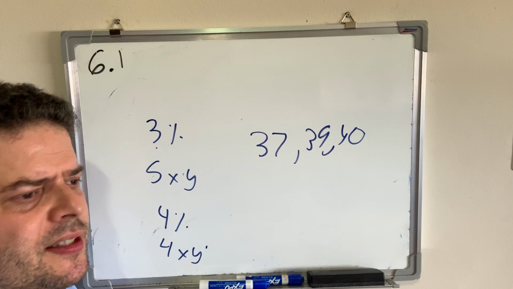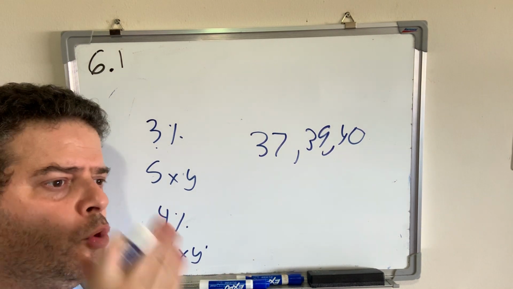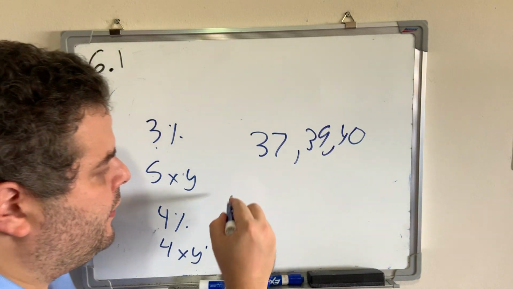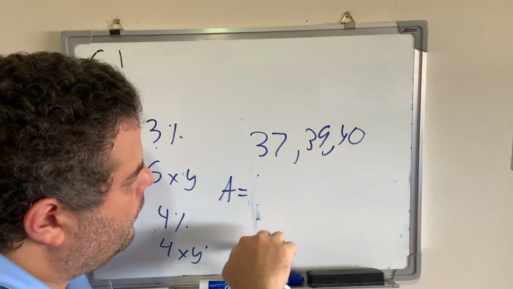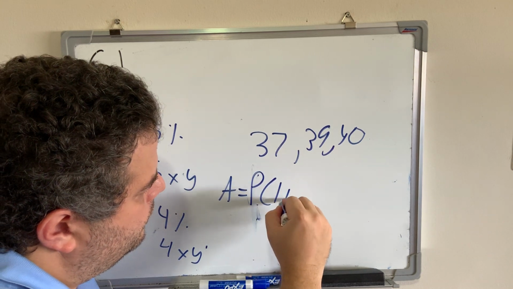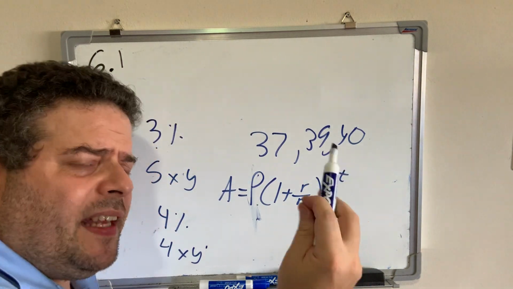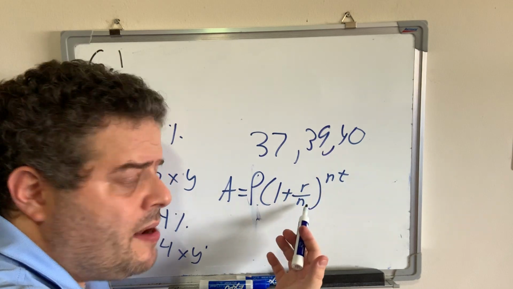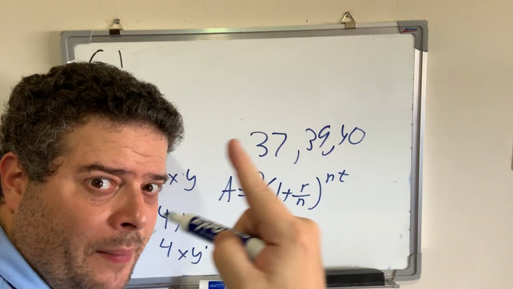Even though it's interest and banks, if the word compounded is not there, you do not use the compound formula, okay? Because if you think about this, if they tell you that it's compounded yearly, that means your N is going to be 1, because it's compounded 1 time per year.